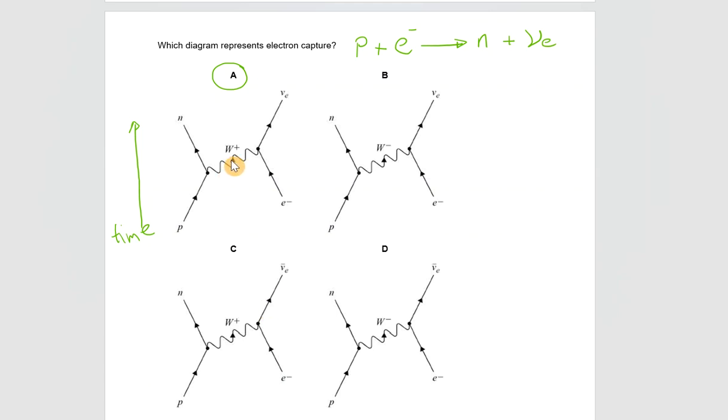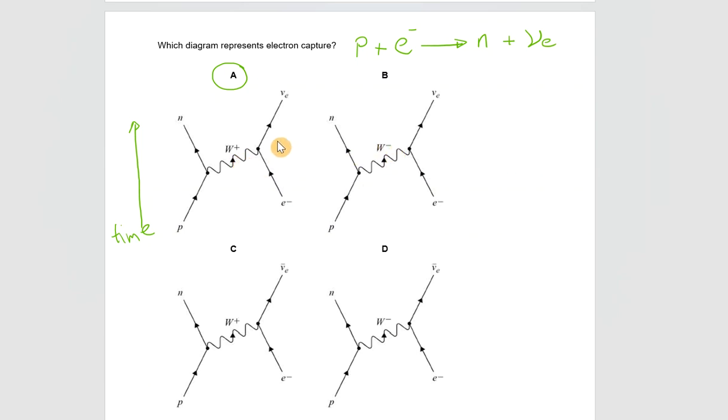Between them, the W plus in this particular case, or W minus, represent the exchange particles, the particles that cause the interaction to take place. In this case, it's a weak interaction, so there's a W boson, maybe a W plus, maybe a W minus boson. We'll look at why it's a W plus in a second.